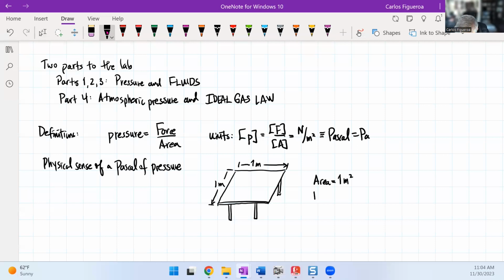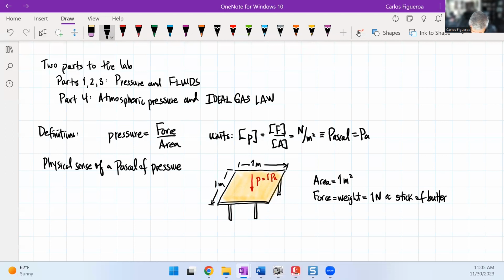Now, I need a force, and typically when we think about a force in these situations, we're thinking about a weight, and here we need 1 Newton, and that's approximately a stick of butter. Now, if you were to take this stick of butter, make sure that it's soft butter, and put it all the way across the table, you're going to find that the pressure acting down on this table would be 1 Pascal.